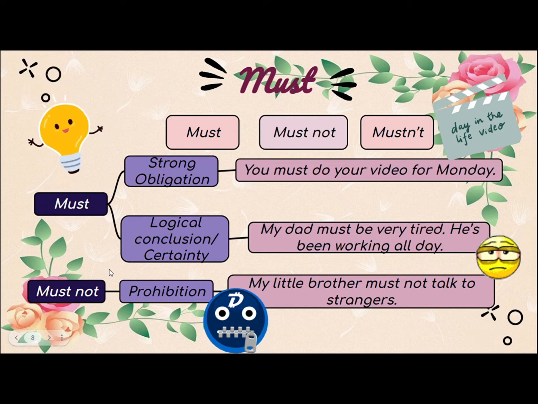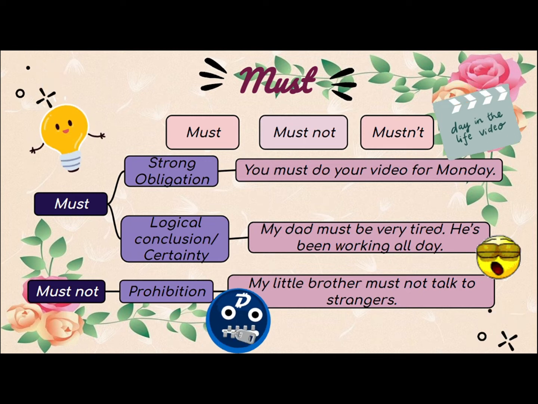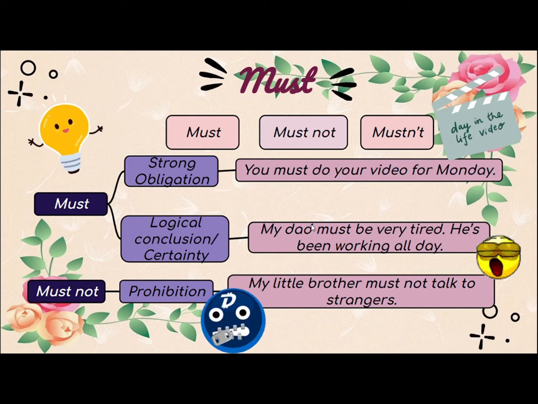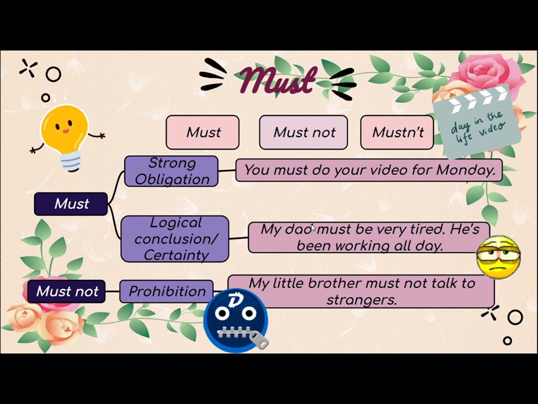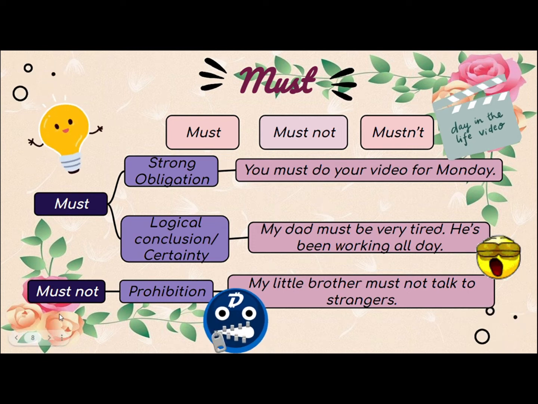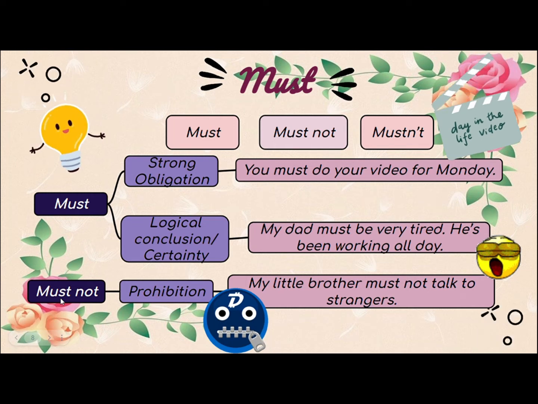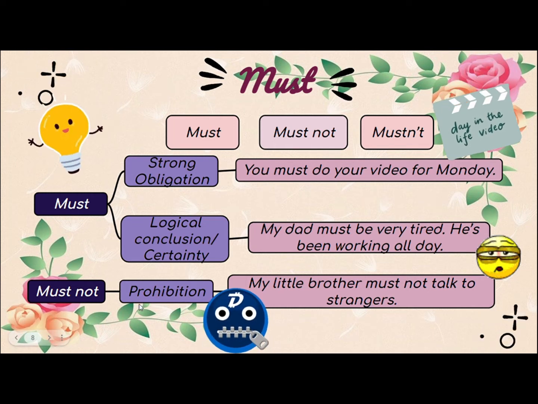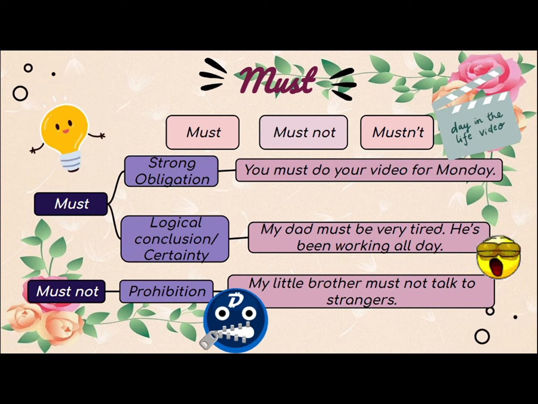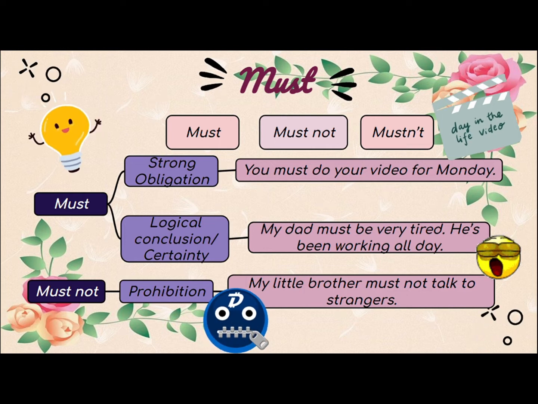We can also use this to express a logical conclusion. For example, my dad must be very tired. He's been working all day. We use the negative form, must not, to express a prohibition. For example, my little brother must not talk to strangers.